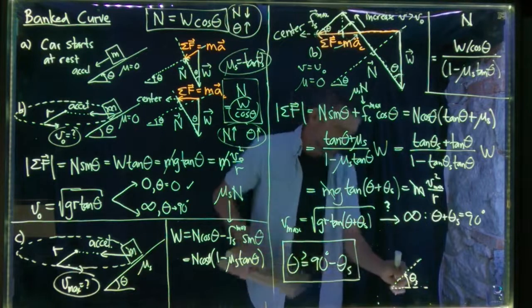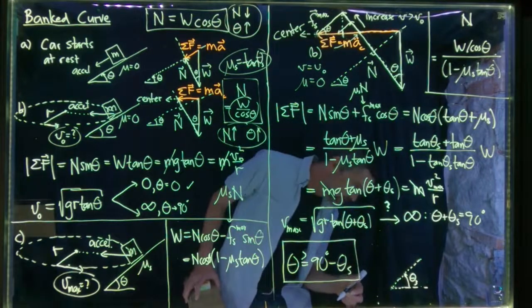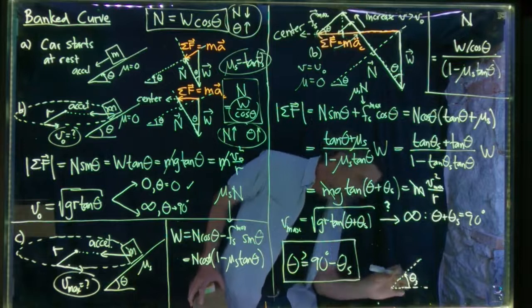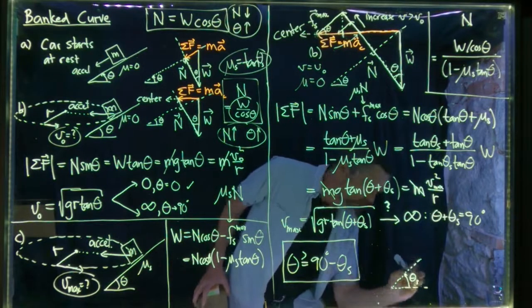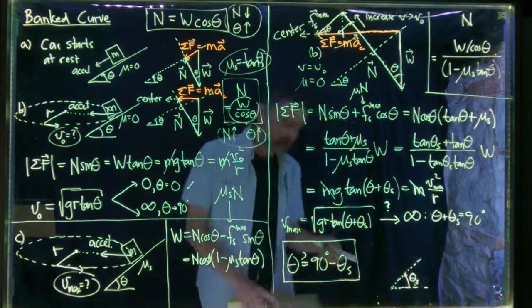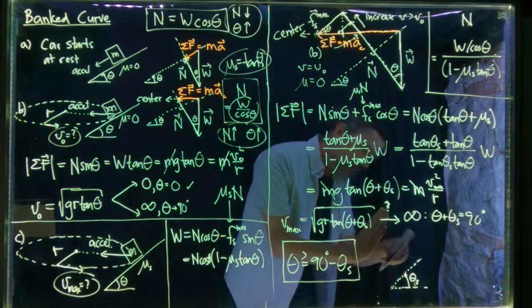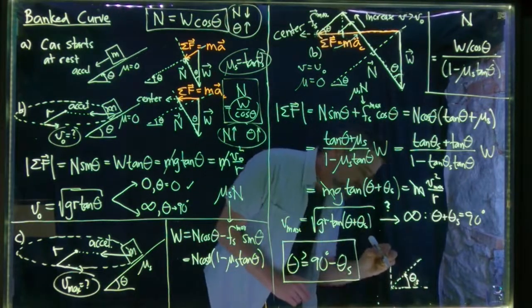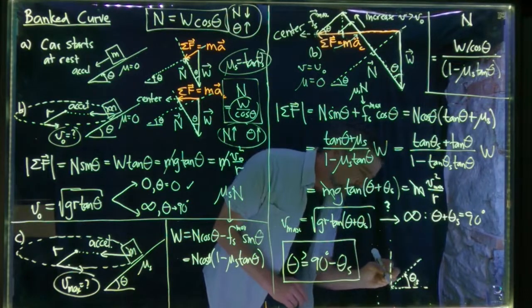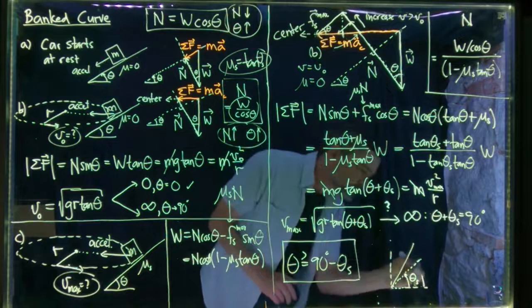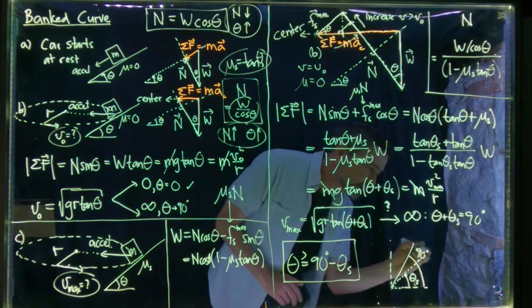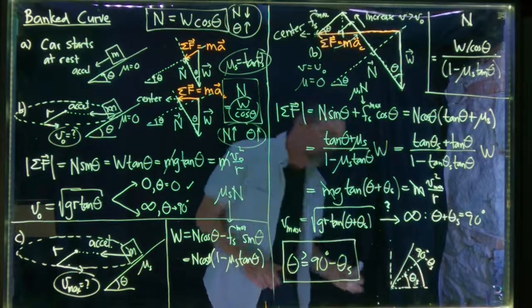Now, we're not interested in theta s. We're interested in 90 minus theta s. That's 90, and 90 minus theta s is like this. So this is 90 minus the static limit angle.